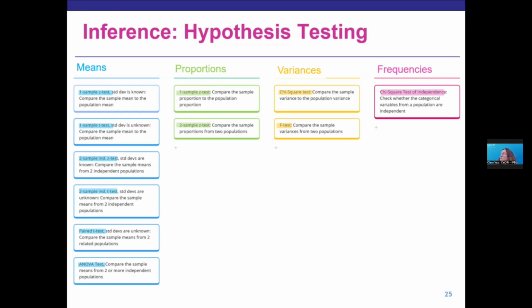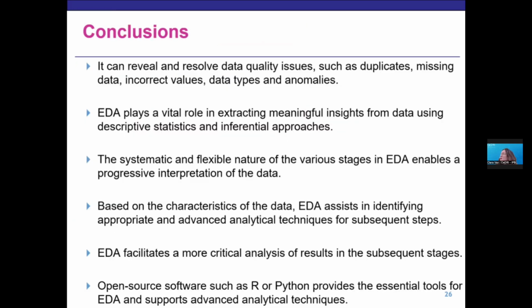Some of these tests are parametric, such as the means, proportions, and variances, and the frequencies. The chi-square is a non-parametric test.